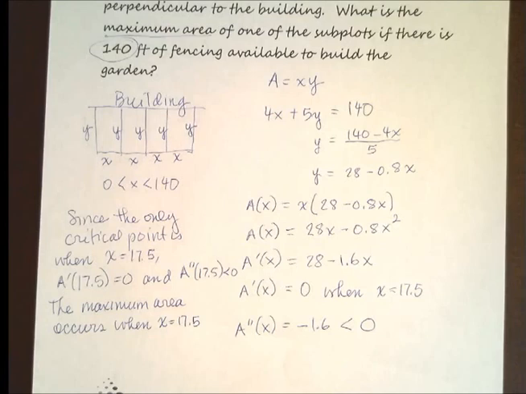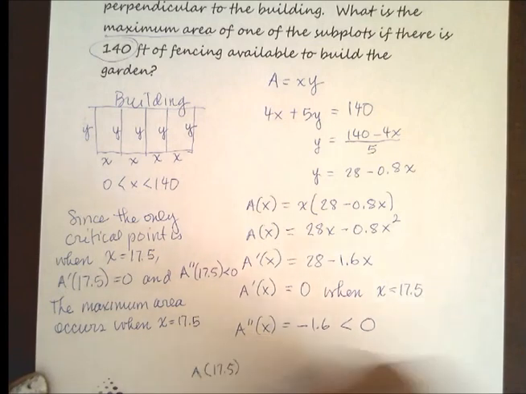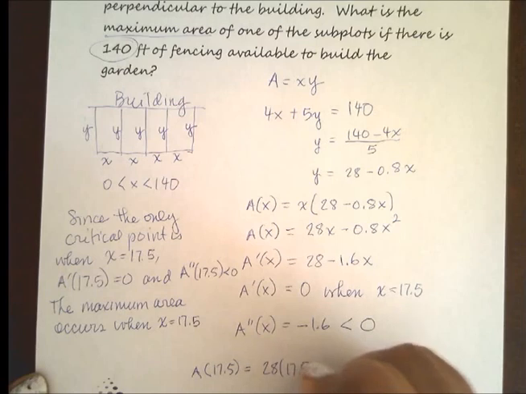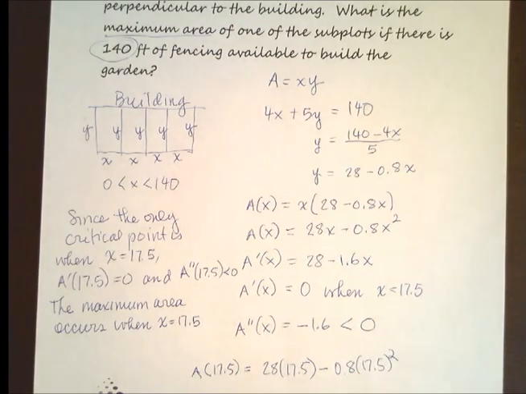Now, have I actually answered the question? It wanted the maximum area. I just told you when the maximum area occurs. So the maximum area is A of 17.5, which is equal to 28 times 17.5 minus 0.8 times 17.5 squared.